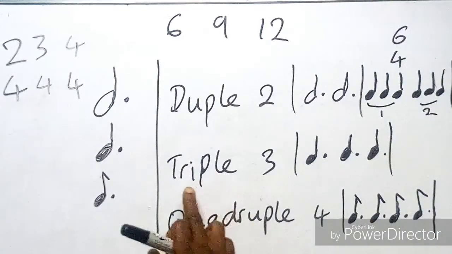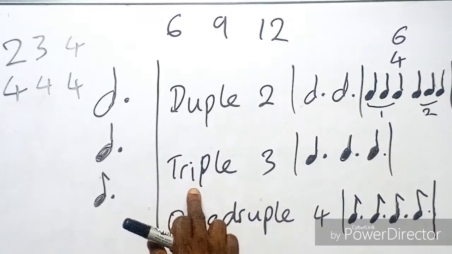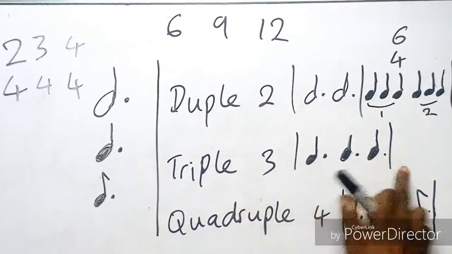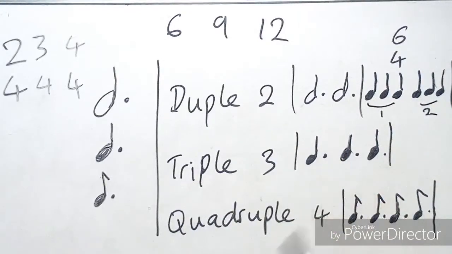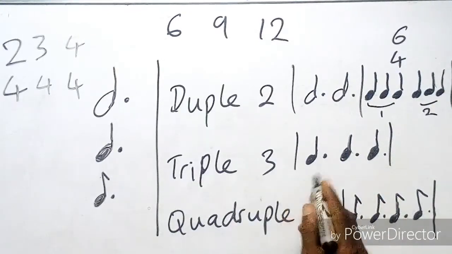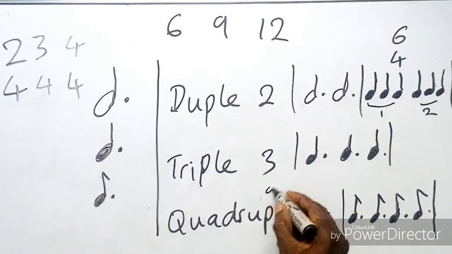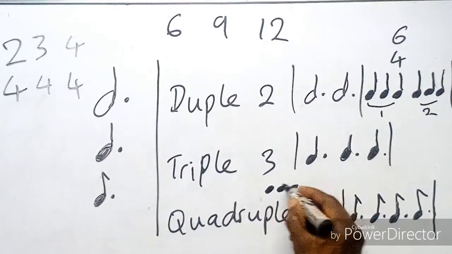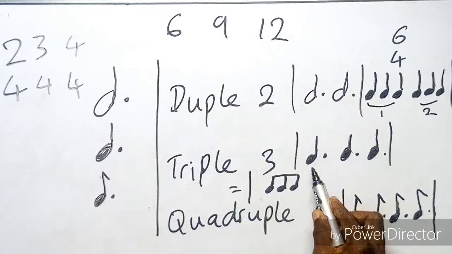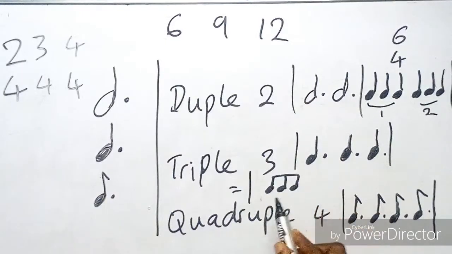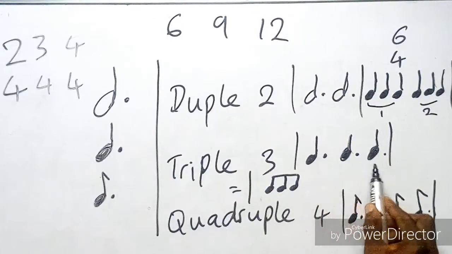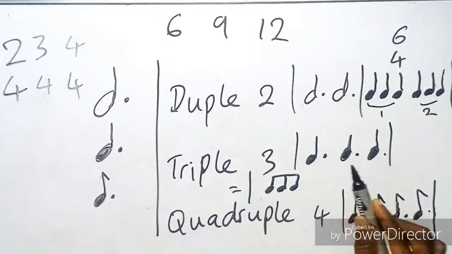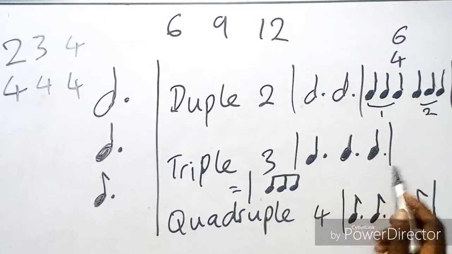Then let's consider compound triple, having to do with 3 dotted crotchets. Now, 1 dotted crotchet is equal to 3 quavers. So if 1 dotted crotchet is equal to 3 quavers, that means 3 dotted crotchets will be equal to 9 quavers.